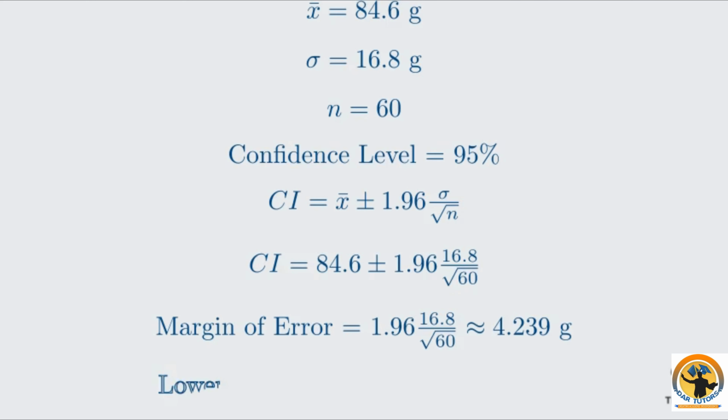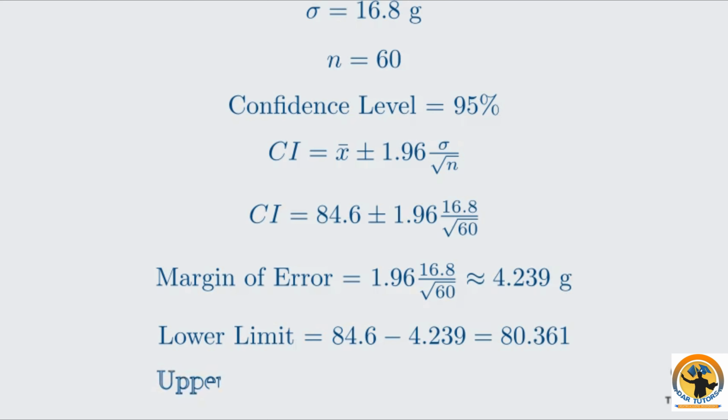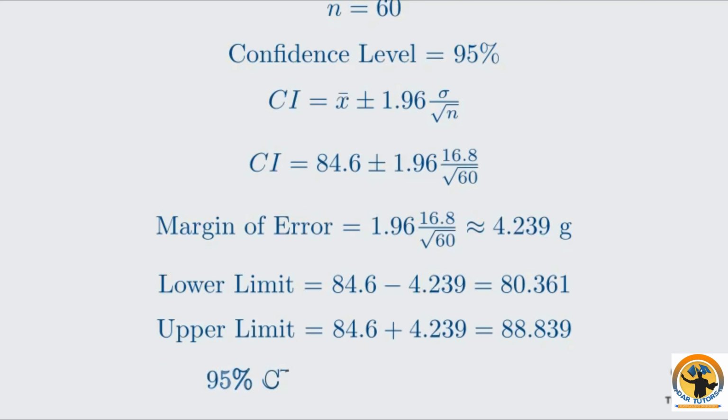The lower limit is 84.6 minus 4.239, which is about 80.361. The upper limit is 84.6 plus 4.239, which is about 88.839. So we are 95% confident that the true population mean weight of yabbies lies between 80.4 grams and 88.8 grams.